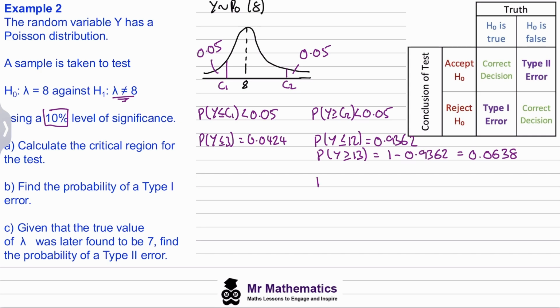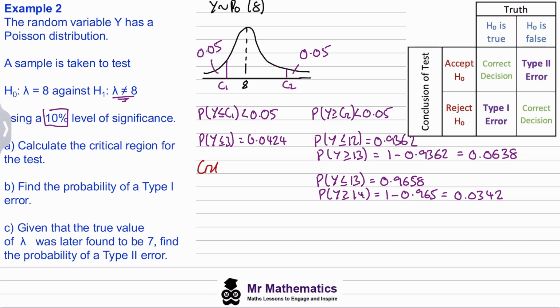The other one was when Y is less than or equal to 13, which gave us 0.9658. So the probability of Y being greater than or equal to 14 will be 1 minus that, and this will give us 0.0342. You can see that this probability is closer to the 5%.